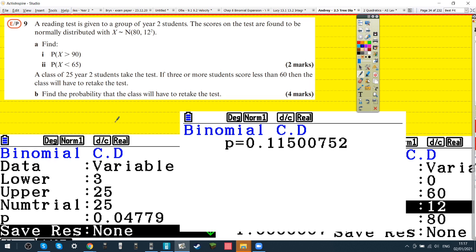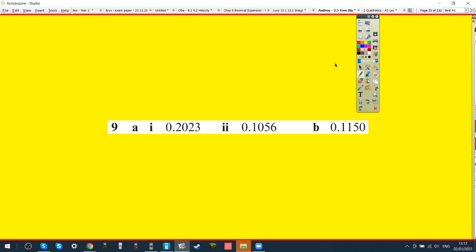We had to do that using normal distribution because the pass rate at the beginning is normally distributed. Any questions about that? No. It's a common enough question where part A is normal distribution, part B is binomial, and you have to know that you swap between the two. If that number is correct, and all the other ones are correct as well.